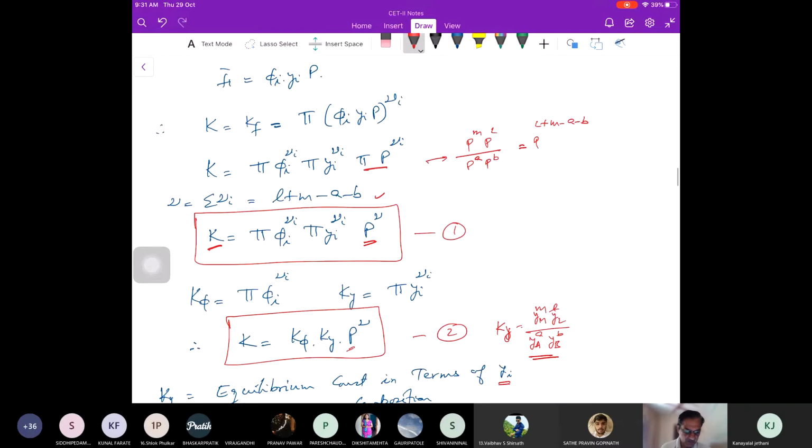So we get equation 1, which is K is equal to the product of phi i raised to the power of nu i into the product of y i raised to the power of nu i into P raised to the power of nu. Any questions on equation 1?